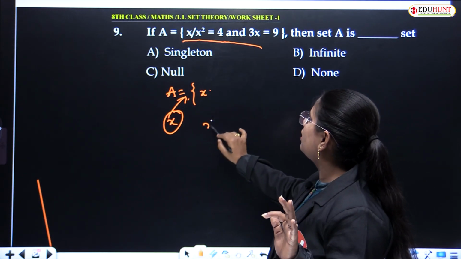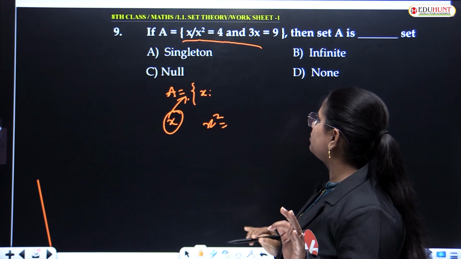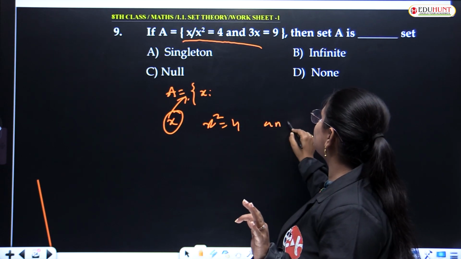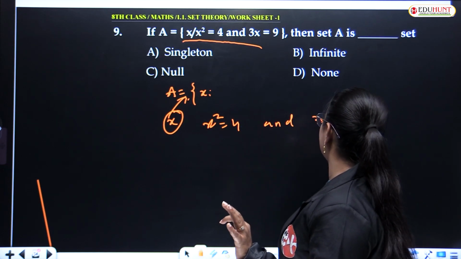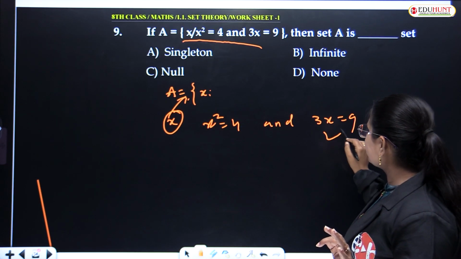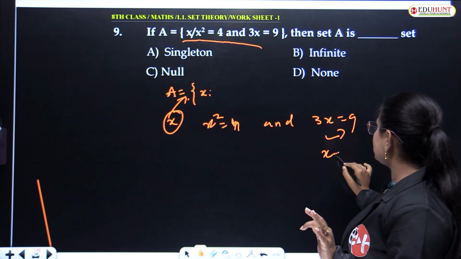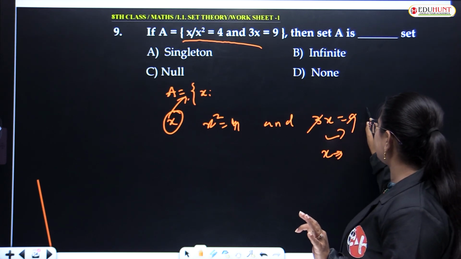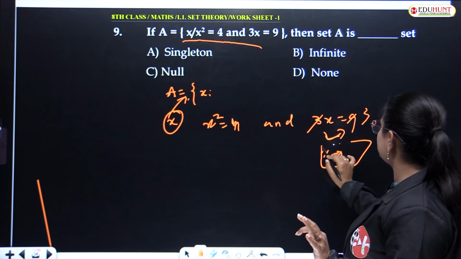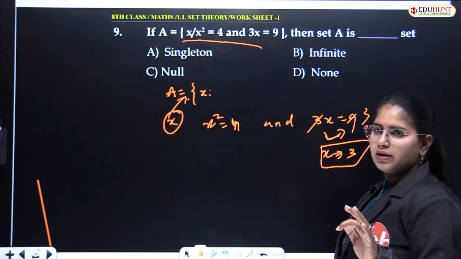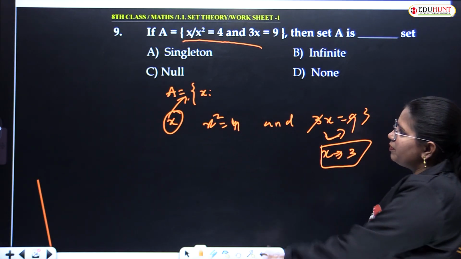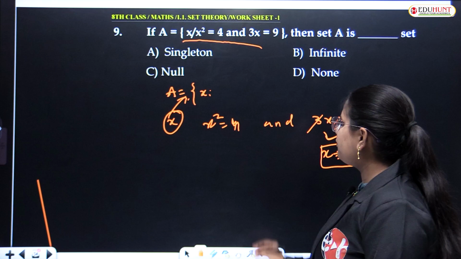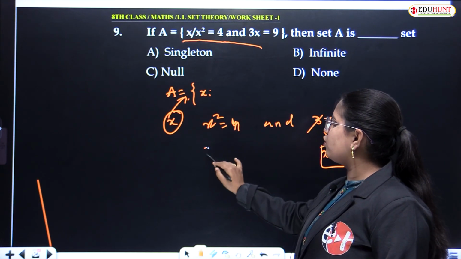First condition, x square is equal to 4. And second condition, 3x is equal to 9. So what is the value of x from this? x is equal to 3 ones, 3 threes, so x is equal to 3. As per the second condition, the x value should become 3. And as per the first condition, x square equal to 4.